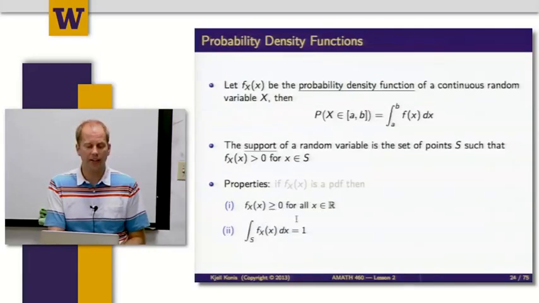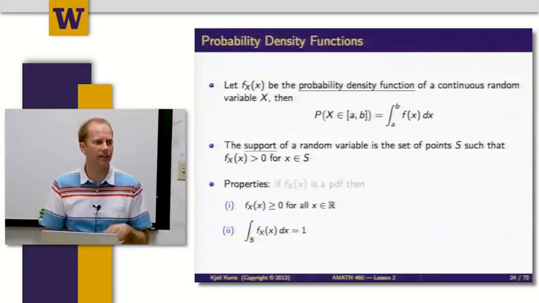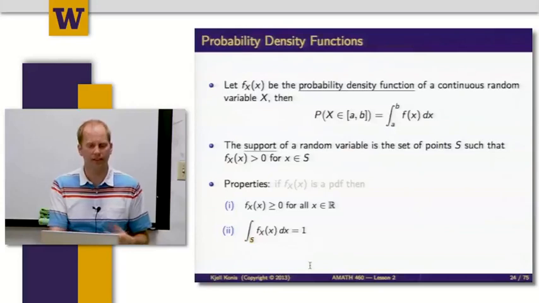And when I integrate this, sometimes instead of writing an interval as just from A to B, I might want to write a set that might be made up of more than one interval. So in that case, when I've defined S to be the set of points where this thing is strictly greater than 0, I can write the integral sign, and I'll just put the name of the set at the bottom. And the integral has to be equal to 1.